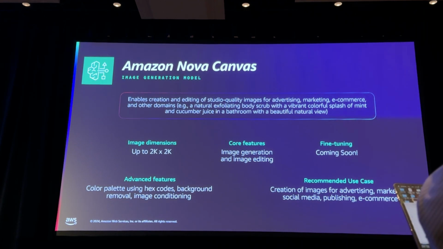This model comes with a set of advanced features that no other model provider through API provides right now. I'm going to dive deeper into the benefits of this model. The recommended use cases are across advertising, marketing, entertainment, social media, publishing, etc.